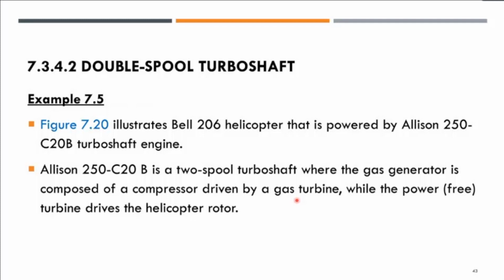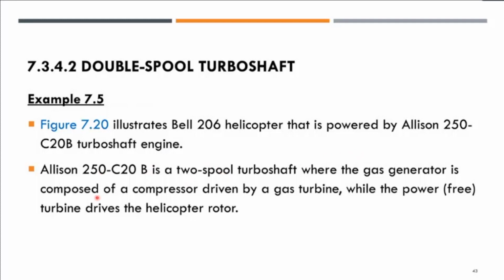Okay, before we end, we want to go through one quick example, example 7.5. Okay, this figure 7.20 illustrates a Bell 206 helicopter, which is powered by the Allison 250 C20B turboshaft engine. So this particular engine, the Allison 250 C20B, is basically a two-spool turboshaft, right?